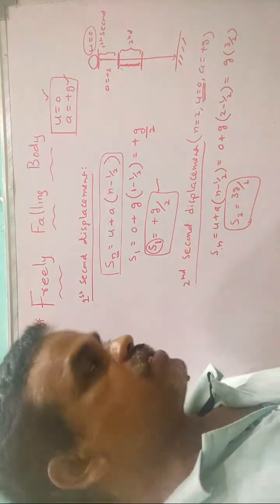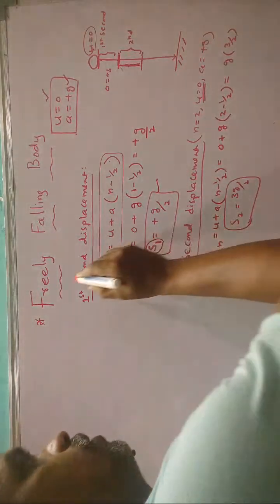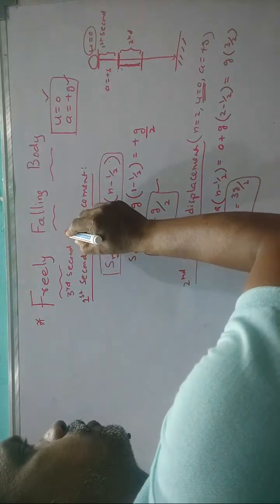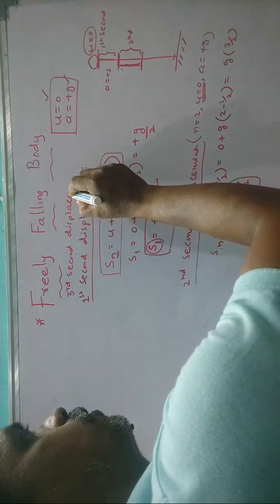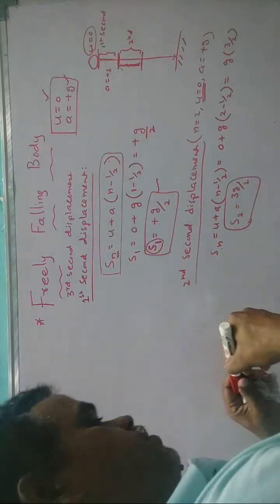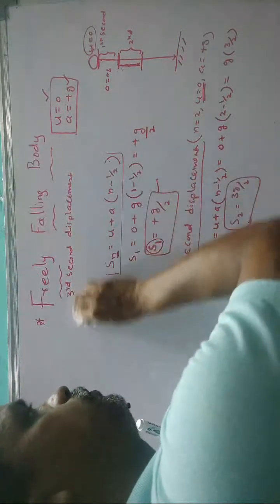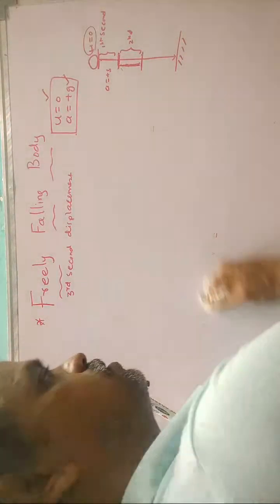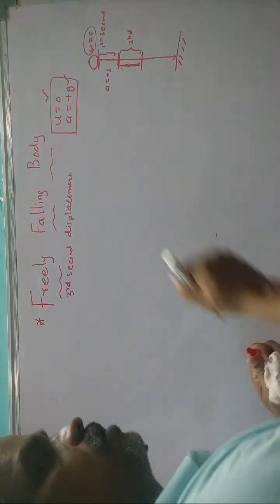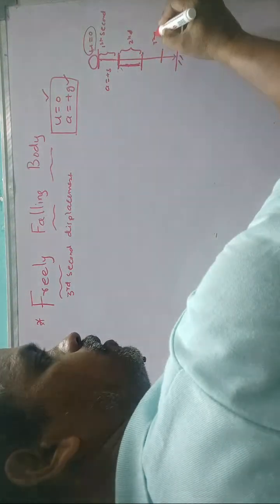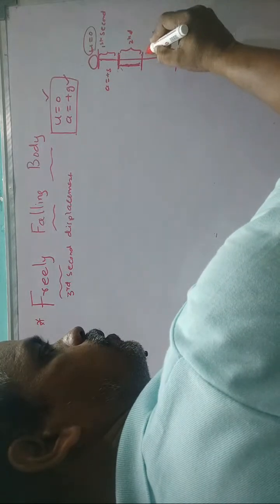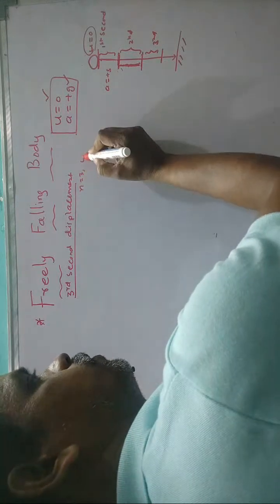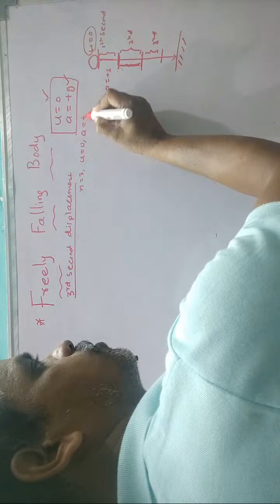Good. You did well. Next, I'm asking the third second displacement. Just calculate. Third second displacement. What are the conditions? Third second means up to here. In the third second covered by the body, n equal to 3, u equal to 0, a equal to plus g.